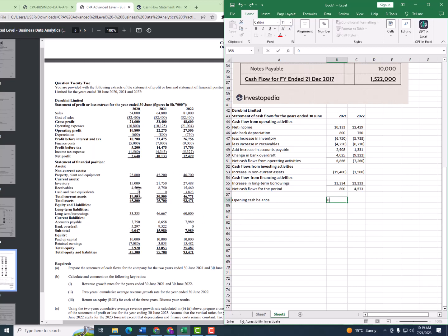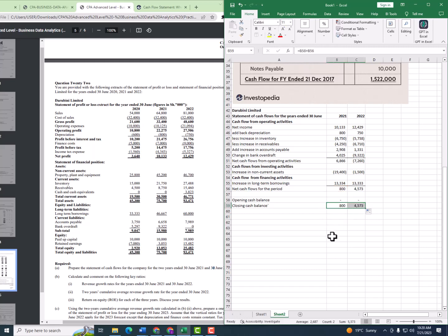It was 0. This is the figure. So the opening cash balance for 2022 was also 0. We have closing cash balance. Now, to calculate the closing cash balance, we take the opening cash balance plus the net cash flows for the period and add them.